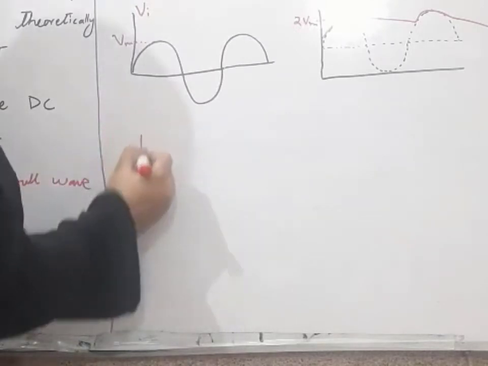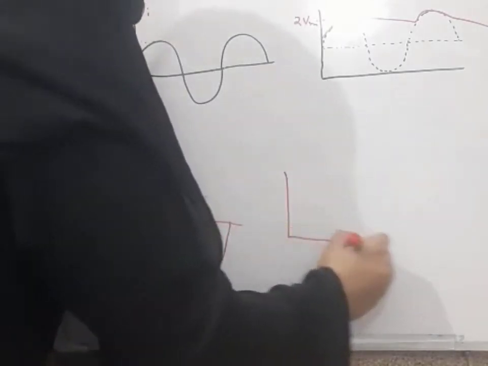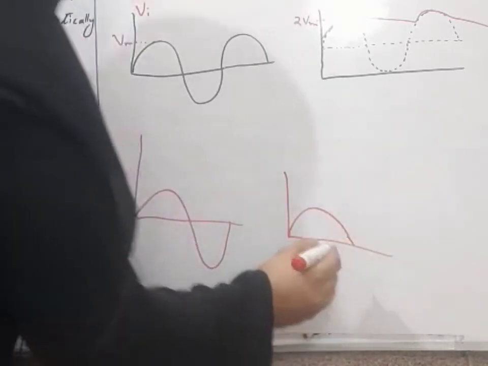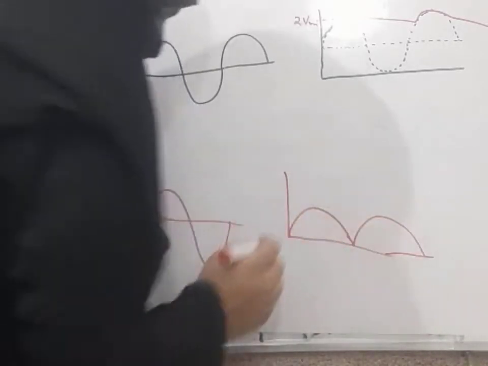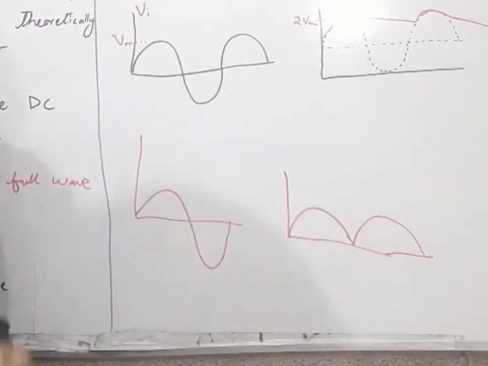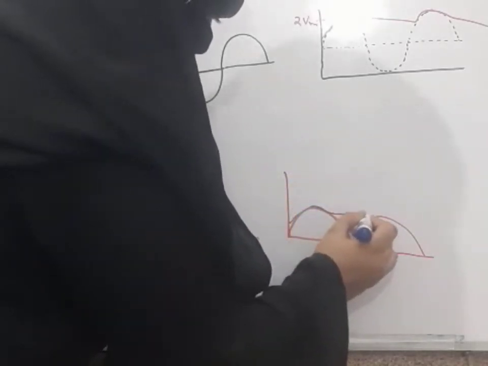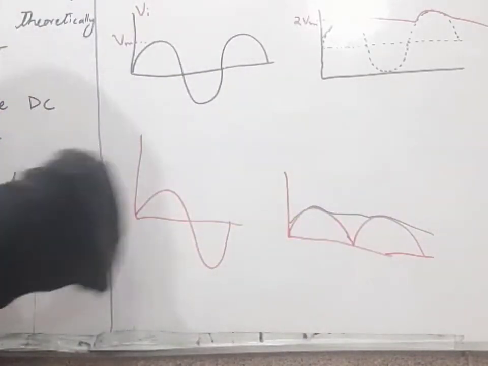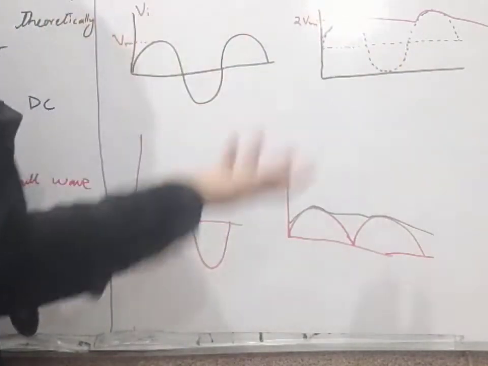When we have an AC signal like this, our rectifier circuit will provide us the DC like this. So this blue line shows the rectifier output, but this red line shows the multiplier output.